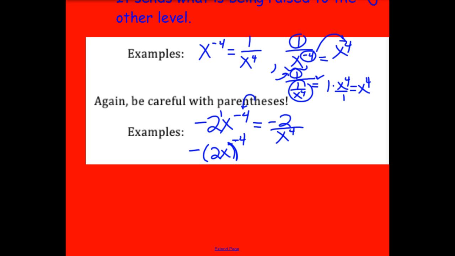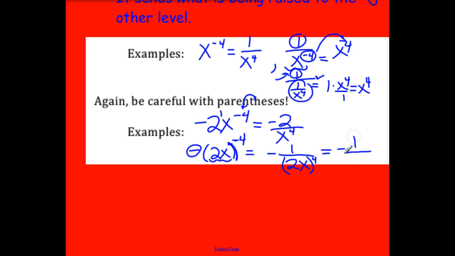They sound very similar, but watch the differences. Still, this negative is out front. It's really a -1. It goes in my answer. This entire thing in parentheses is to the -4th. So the entire chunk goes down to be raised to the +4, but it's the whole thing, not just the x. Those parentheses matter in this problem.